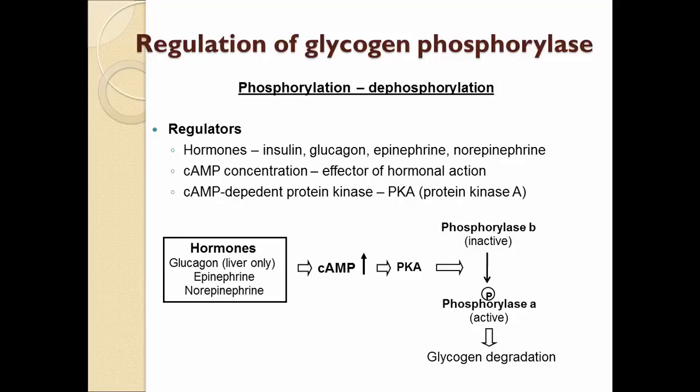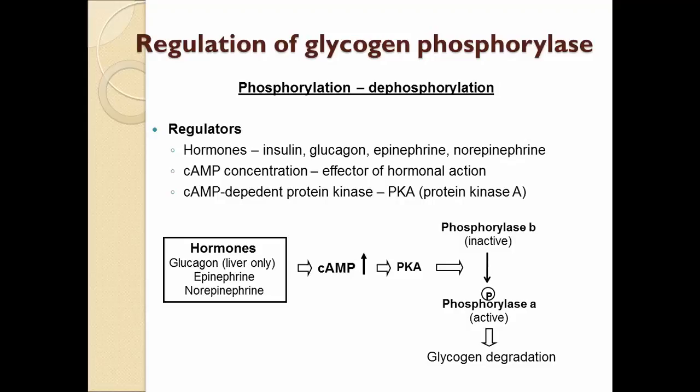Okay, and this is just a connection I want to talk about. Glucagon and epinephrine levels increase during fasting and can raise cyclic AMP levels, and increased cyclic AMP can stimulate protein kinase A, and protein kinase A can phosphorylate phosphorylase kinase, and once it gets phosphorylated, it becomes active, right?